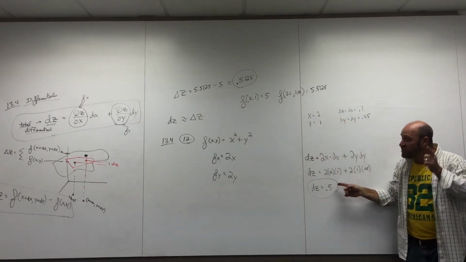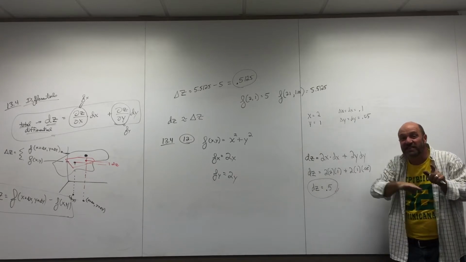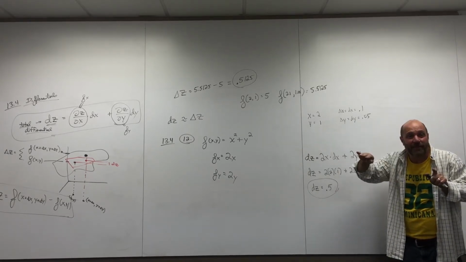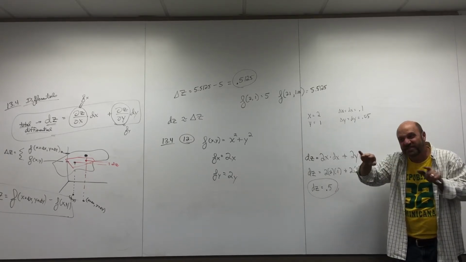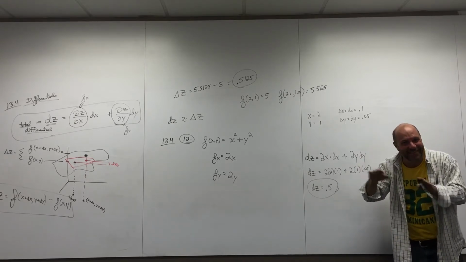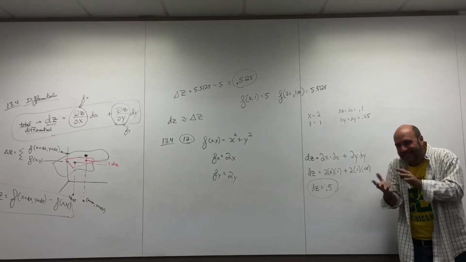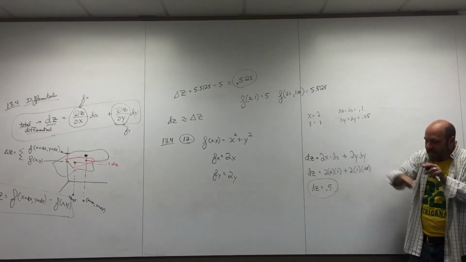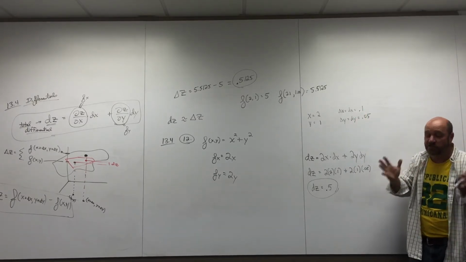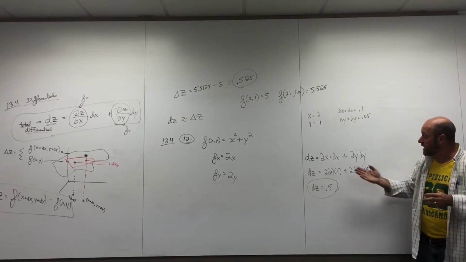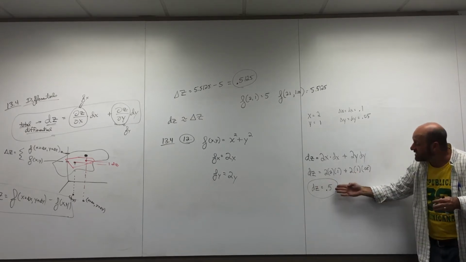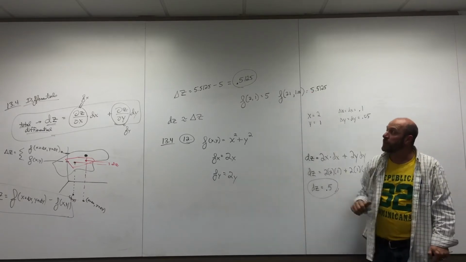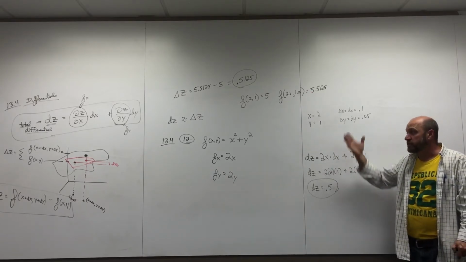It is the change in z on the tangent plane, which is right next to the dang surface. You know, the tangent plane is right next to the surface, especially with these small changes in x and y. That tangent plane is right next to, but it's not the surface. It's a little bit off the surface. And so the change in z on the tangent plane is a little different, but it serves as a good approximation.